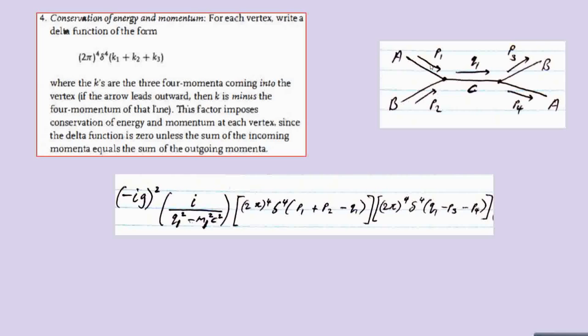There are 2 momenta going into the vertex, so it's p1 plus p2, which are positive, and there is a q1 internal momentum that is leaving the vertex, so that's going to be negative. This is reflected in the center term, where you have p1 plus p2, both positive, and the last internal momentum is negative, minus q1.